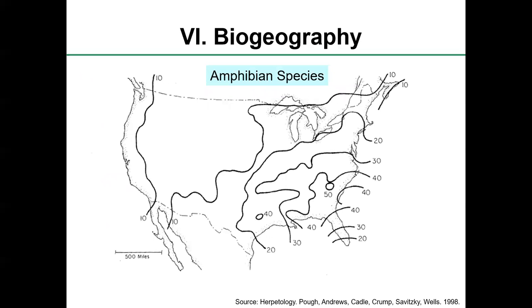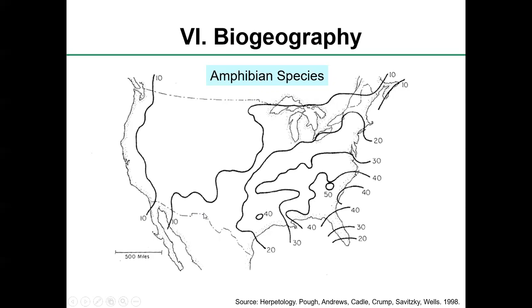And I want to leave you today with these last two slides. These are species density contour maps for the continental United States. And here I want you to pay attention to where you see amphibian species hotspots. So you'll see areas where there's very few amphibian species, might be in this intermountain zone, maybe it's in the southwest.